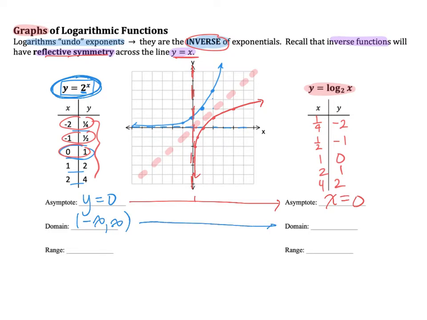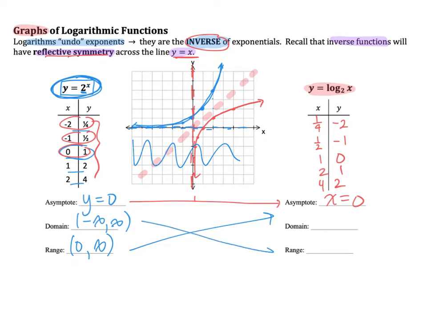Therefore, when I switch the domain, oh, actually we can't do it yet. Sorry. So we can't do anything yet because we have to figure out what the range is as well, because x's and y's switch. So what is the range of this exponential? Well, it's going from 0 to infinity. So there's nothing down here in the negative y-axis. The graph is only going upward.